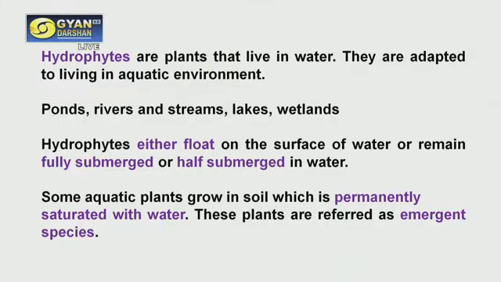So hydrophytes either float on the surface of water or remain fully submerged or half submerged in water. Some aquatic plants grow in soil which is permanently saturated with water. They are actually present in soil, but the soil is totally saturated with water.